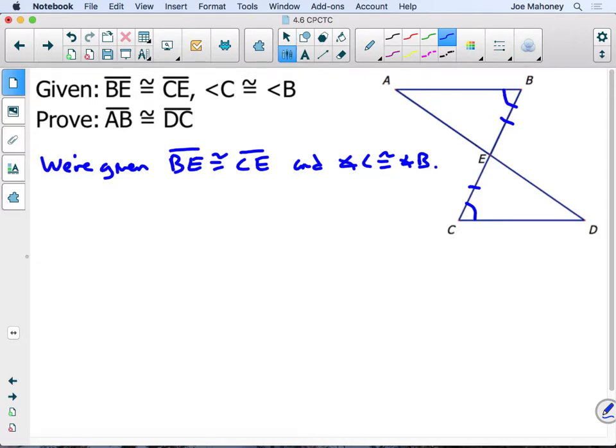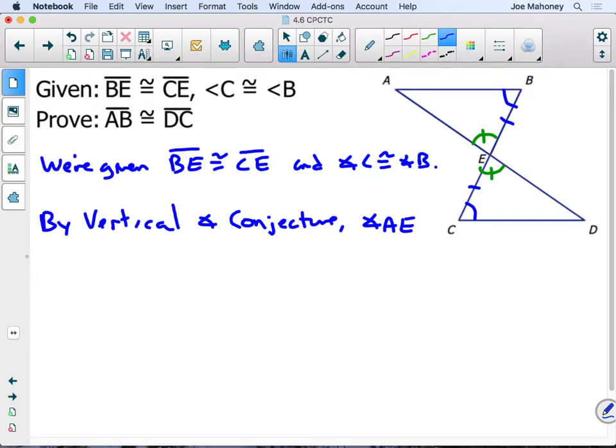All right, this is a bow tie diagram. It kind of looks like a bow tie. Remember, in a bow tie diagram, we're going to get a pair of vertical angles that are congruent. So I'll say, by the vertical angle conjecture, angle AEB is congruent to angle DEC.